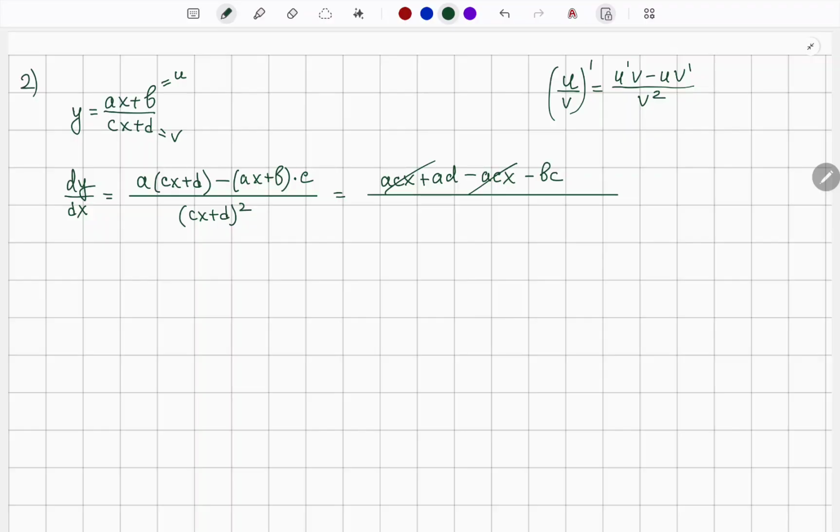This is what I noticed when I was a schoolboy. I differentiated a couple of rational functions and I noticed that the x term disappears in the numerator. The first time you differentiate, you think that it's just a coincidence, it was occasional.